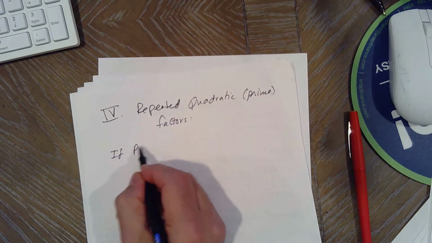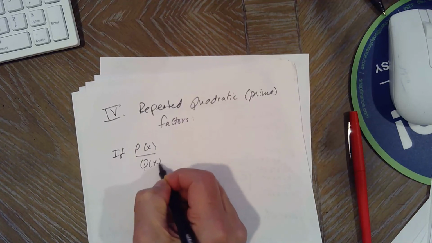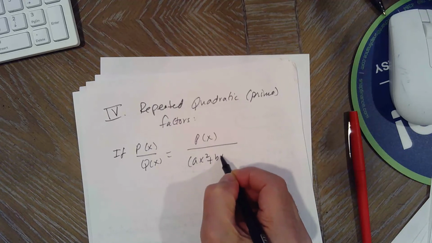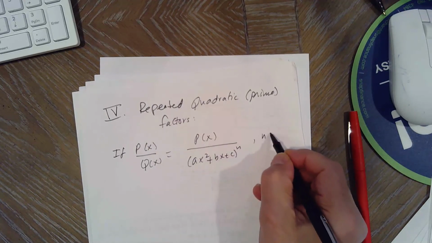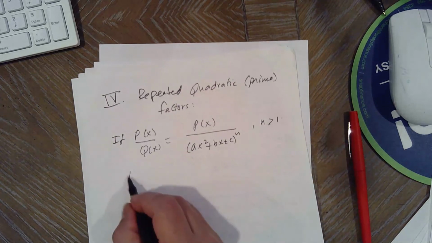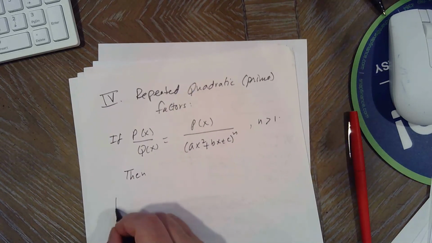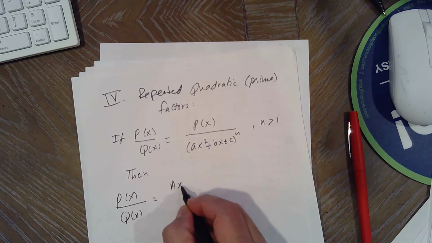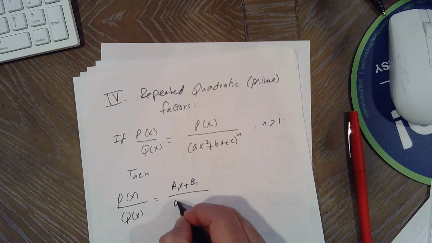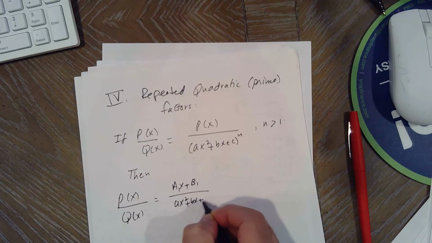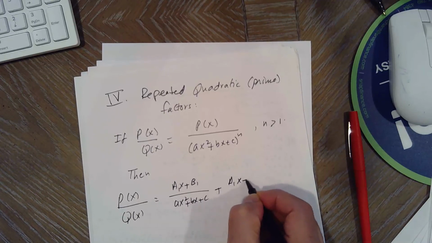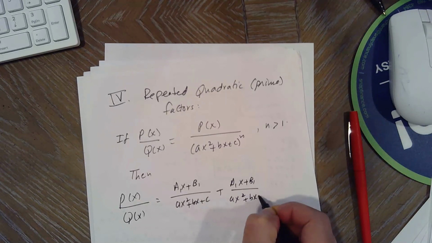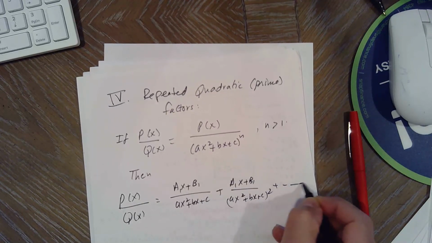So if p of x over q of x equals p of x over (ax squared plus bx plus c) to the power n, where n is greater than 1, then we split it up into as many terms as the power. We put linear over the first one, and then linear again over it to the power 2 at the bottom, and so on, as many as the power, just like we did with the repeated prime.